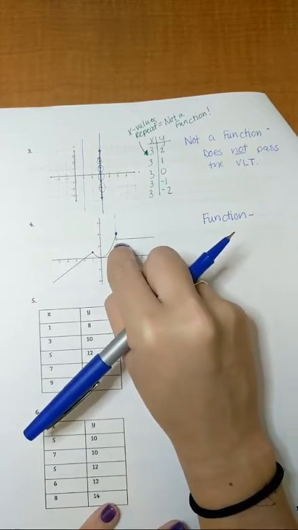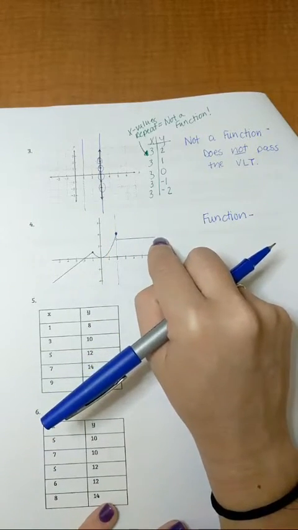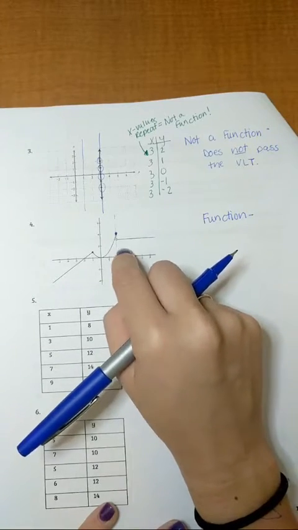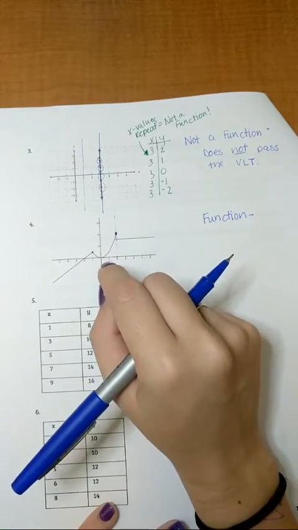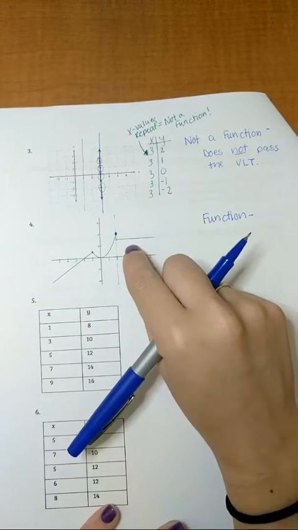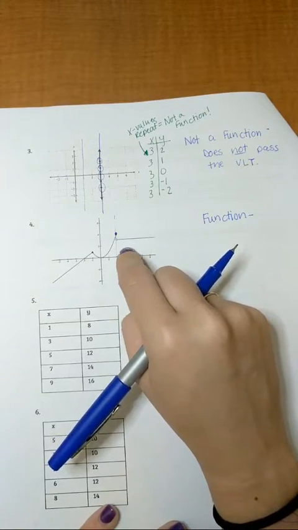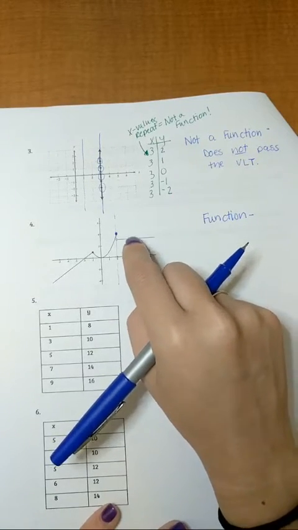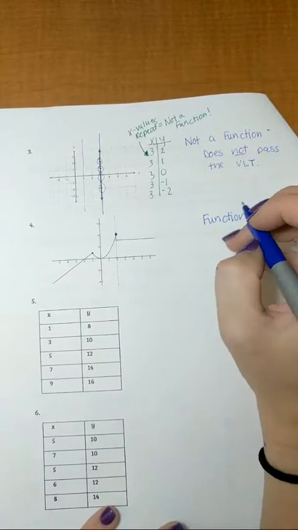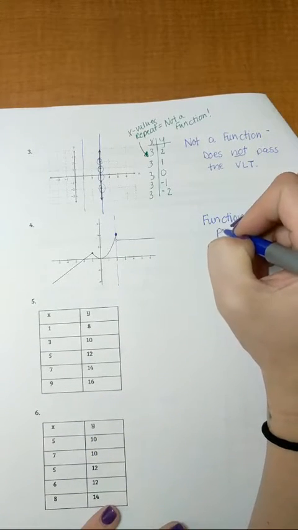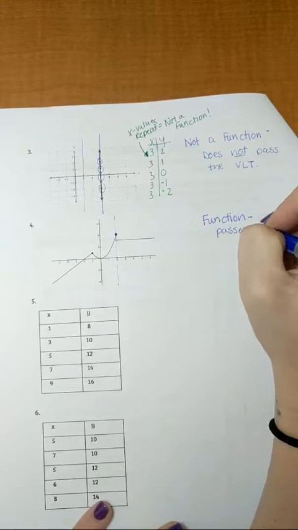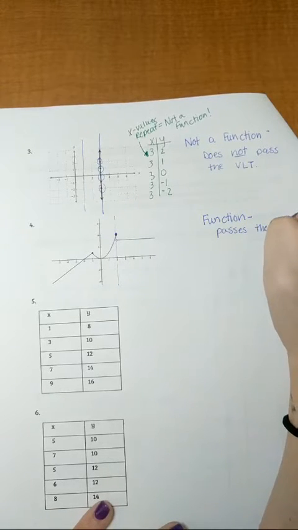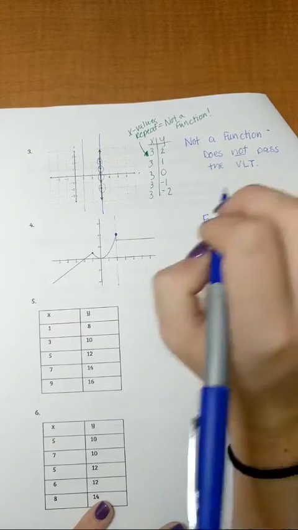So it stops here and then it jumps to this point right here. So this is still a function because of that. It's called a piecewise function, which again, you'll talk a lot more about in Algebra 2. So this is a function because it passes the vertical line test.